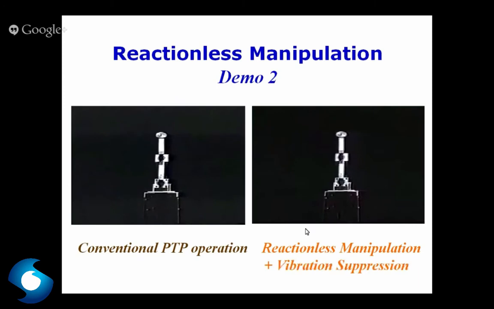So let's try something different. For this motion on the right-hand side, we have a continuous motion of the two arms in synchronization, and this synchronization cancels out the reaction. Also, we try to push the base structure, intentionally giving vibration, but we can soon damp out the base vibration.